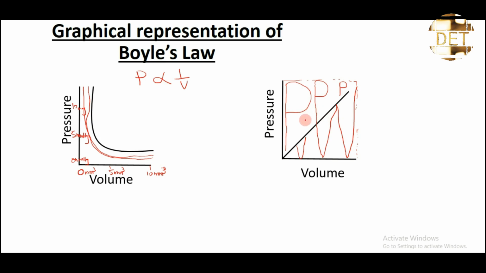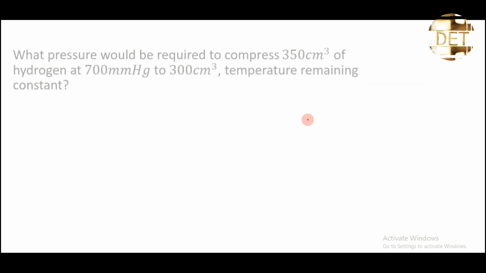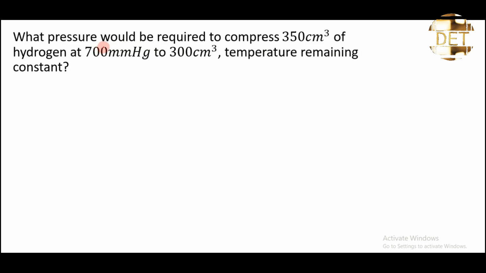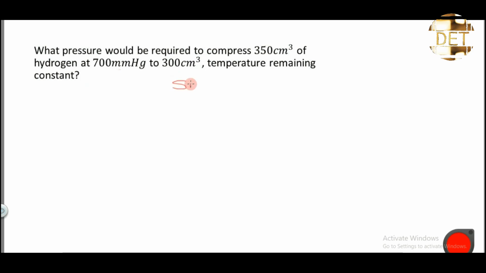So having known this, let's look at the first example that we have here. The example is: what pressure will be required to compress 350 centimeter cube of hydrogen at 700 millimeters of mercury to 300 centimeter cube, temperature remaining constant? So let's have our solution here.